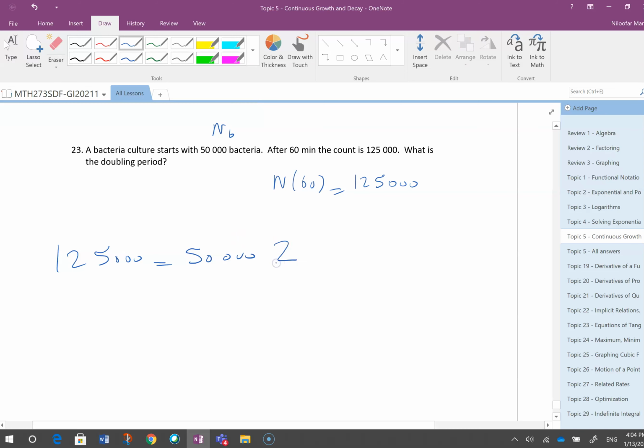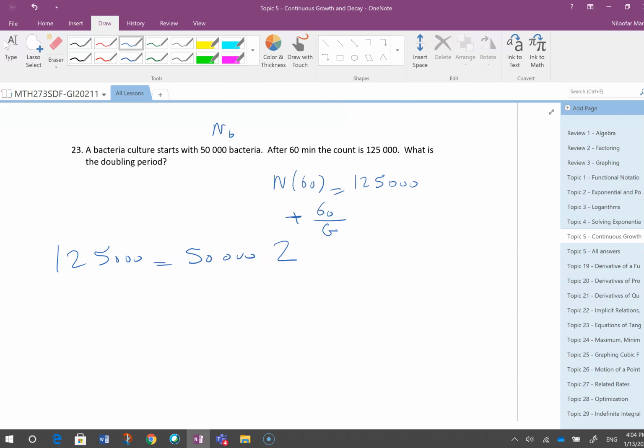Plus or minus? Plus, because it says doubling period. Plus 60 over G, and I want to find G. Okay, solve for G. From here is topic 4.